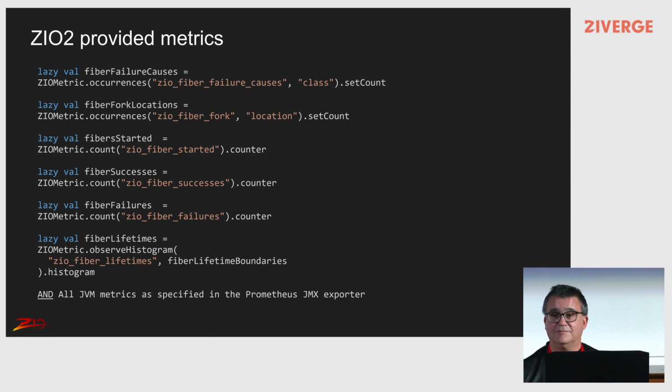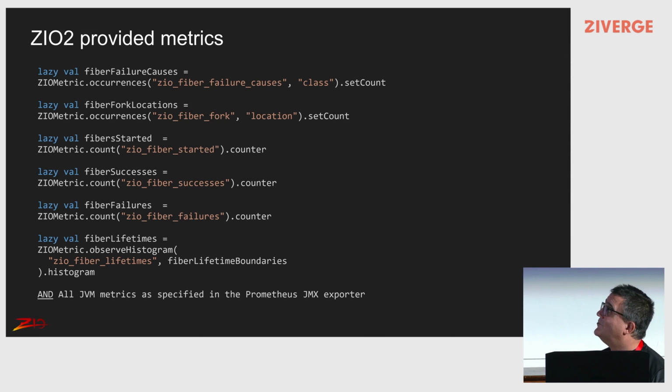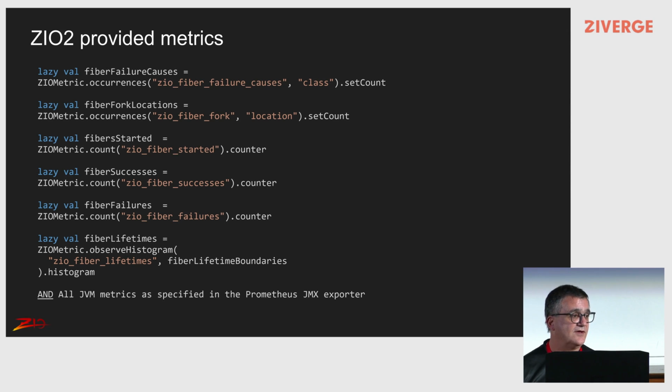Then, based on the work that my colleague David has done, Vigo, we also have all the JVM metrics specified in the Prometheus JMX exporter. They export all kinds of things like the memory usage and the thread usage of the JVM the application is actually executing in.